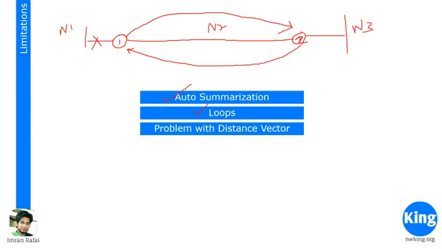And then there is an inherent problem with distance vector, because distance vector, like we discussed earlier, looks only at the distance. It doesn't look at the link state. So that's why distance vector is not such a great routing protocol. So the metric used is distance vector, like we discussed earlier.